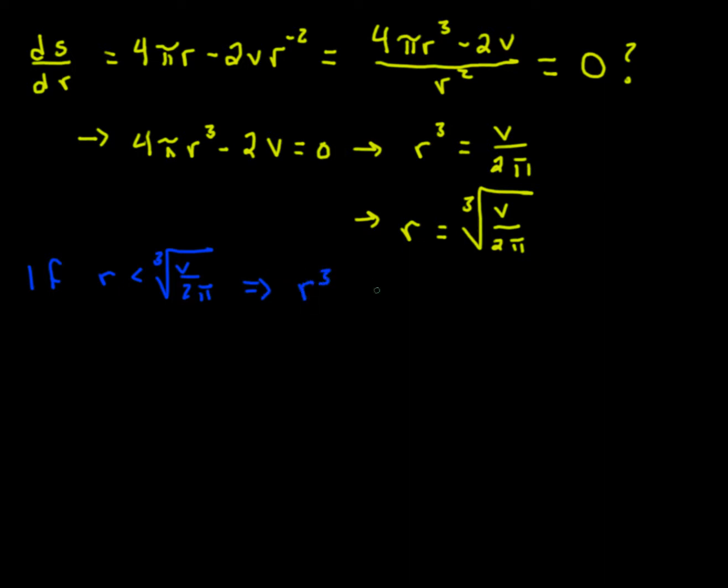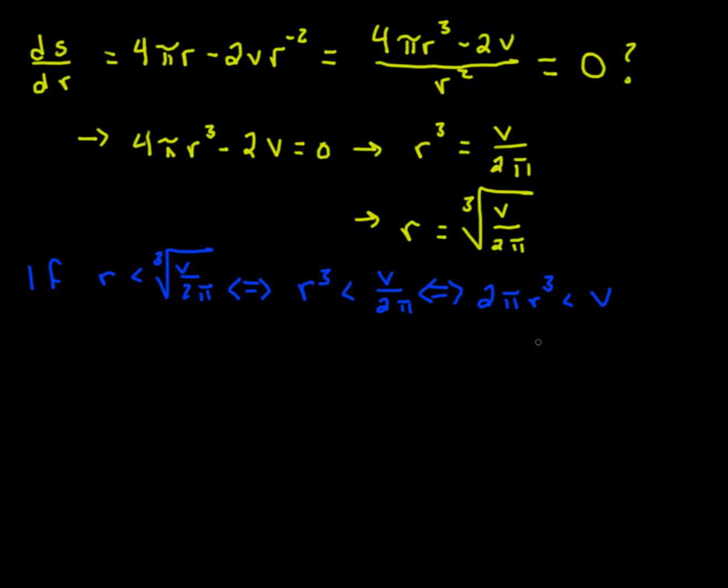So r cubed is less than v over 2 pi. And then I can get rid of the 2 pi here. So in fact, this is if and only if 2 pi r cubed is less than v.